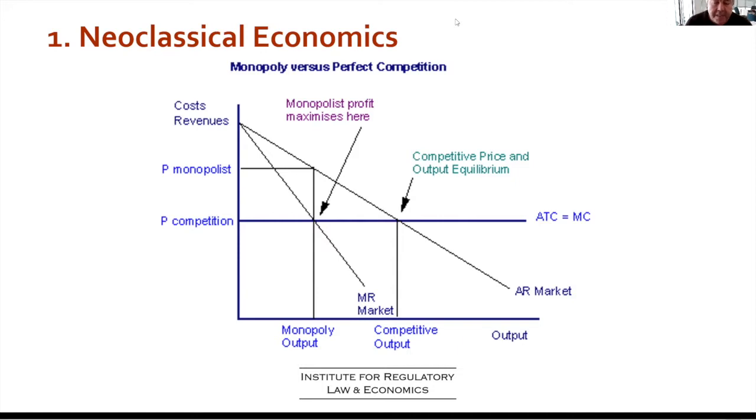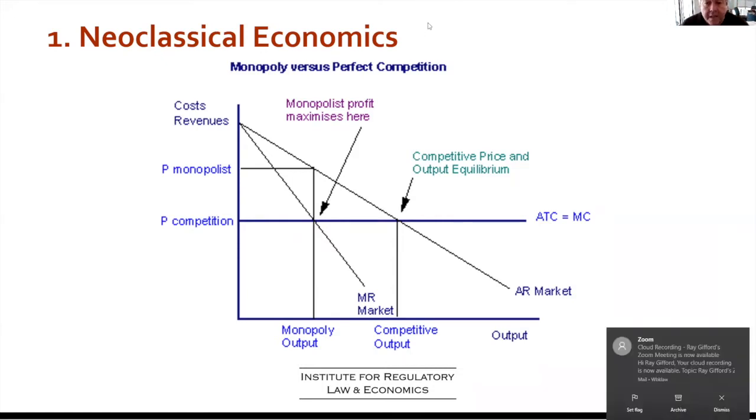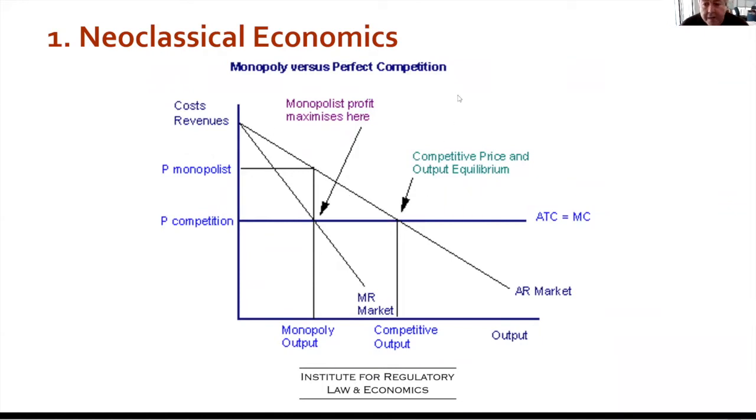But the perfect competition model is what, in essence, neoclassical economics is looking for, and frankly, what regulation is looking for in its effort to make sure that monopoly power is not being used to harm customers, raise prices, and lower output. And that's the typical lower marginal cost curve that we know and maybe shudder from seeing back in Econ 101. And that is really what Schumpeter was taking on.